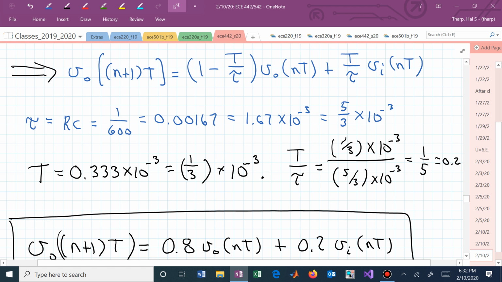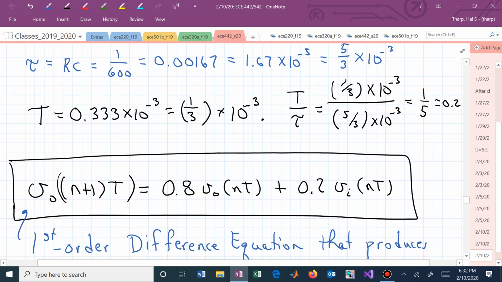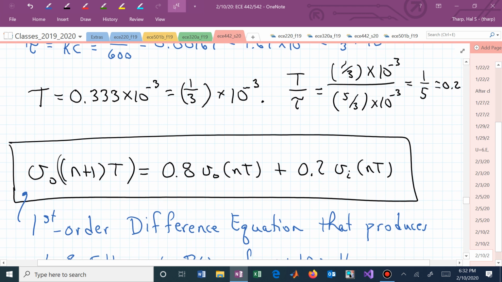Well, if it's not clear yet, we should be able to figure it out in a minute, but in fact, this is in state space form if we wanted to think of it that way.